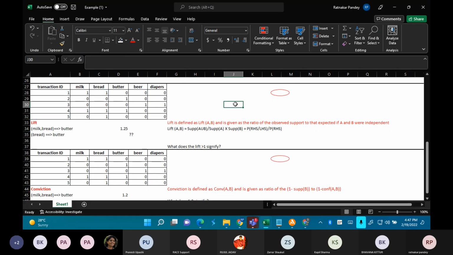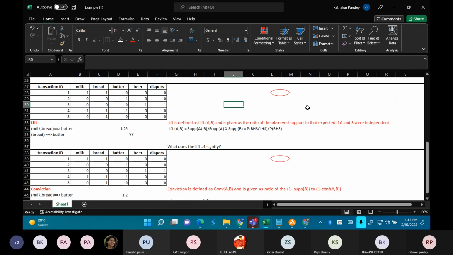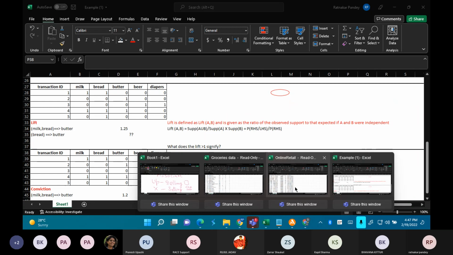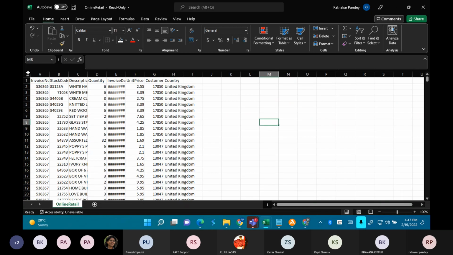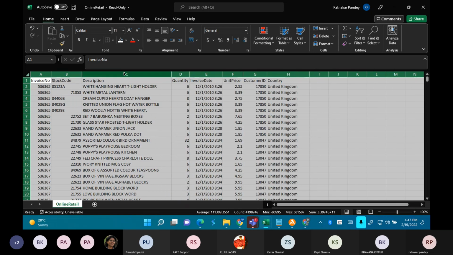So here you can see this is the actual data coming in from the retailer once it opens up. What you have is basically the invoice number, like a transaction number.